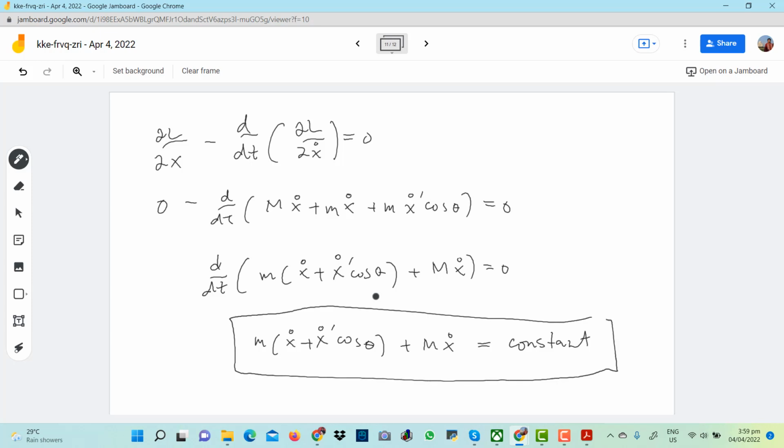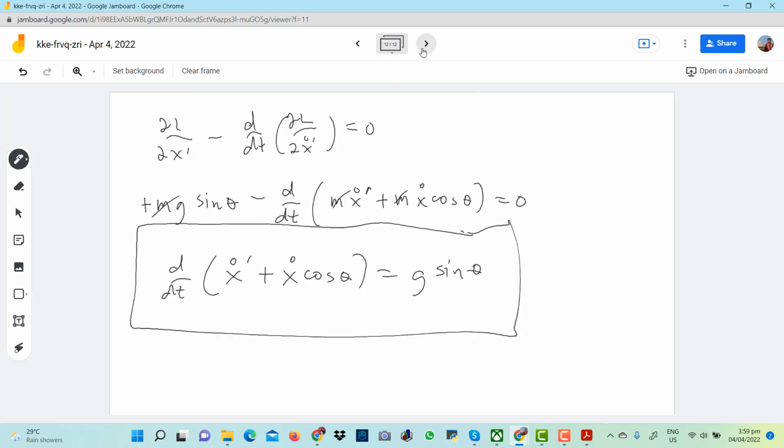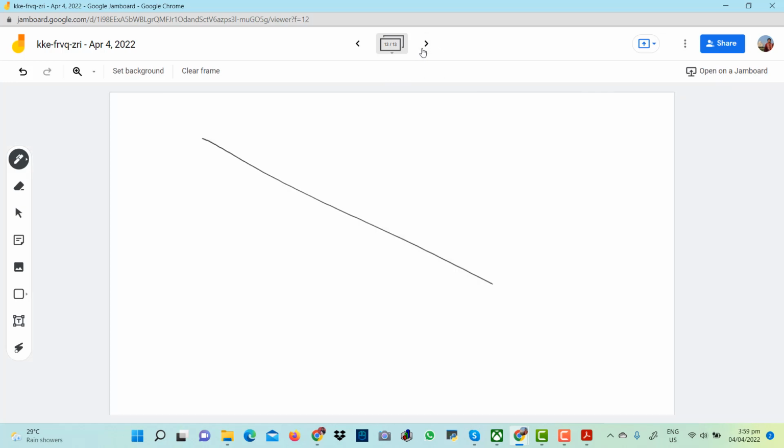Next, how do we get the acceleration, x double dot or x double dot prime? We will go to this example next meeting, the pendulum moving there.